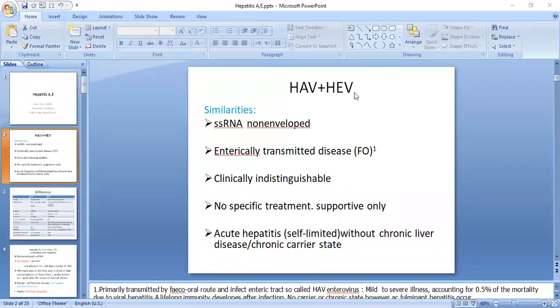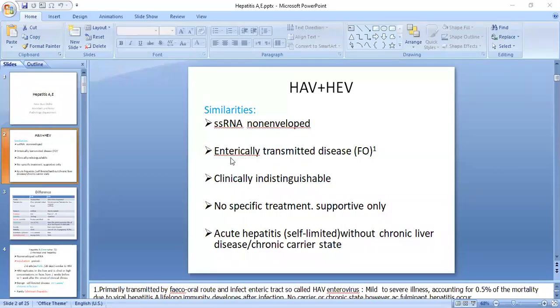Both of these viruses, hepatitis A and E, are RNA viruses and they are non-enveloped.